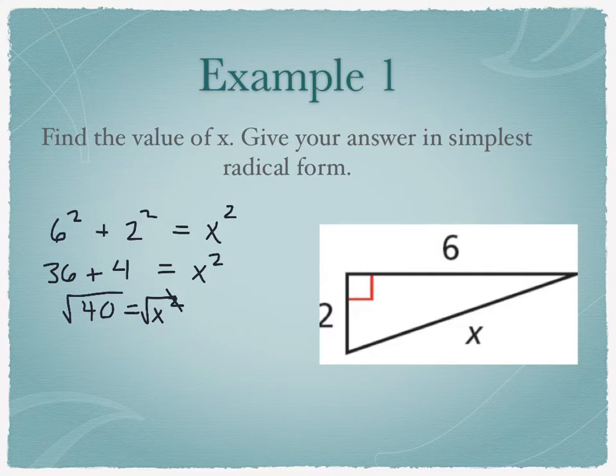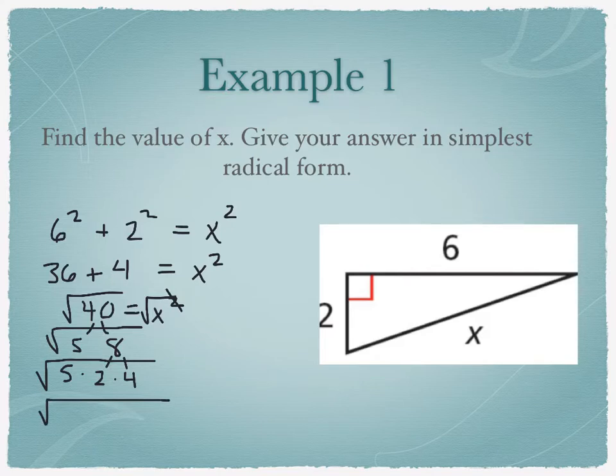So now we need to simplify the square root of 40. What can we break 40 into? 5 times 8. Can we break 5 down anymore? No. Can we break 8 down? Yes. 2 times 4. So now we have 5 times 2 times 2 times 2.